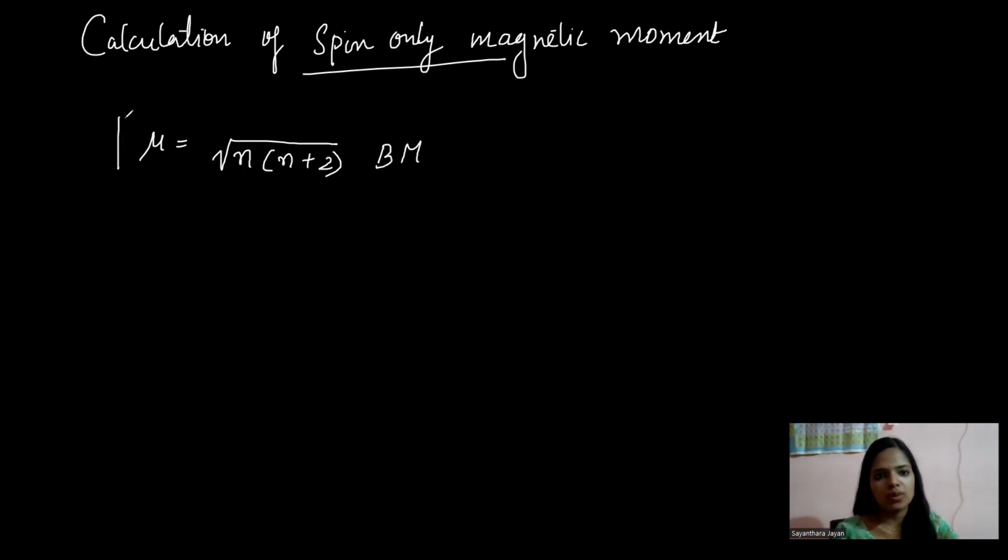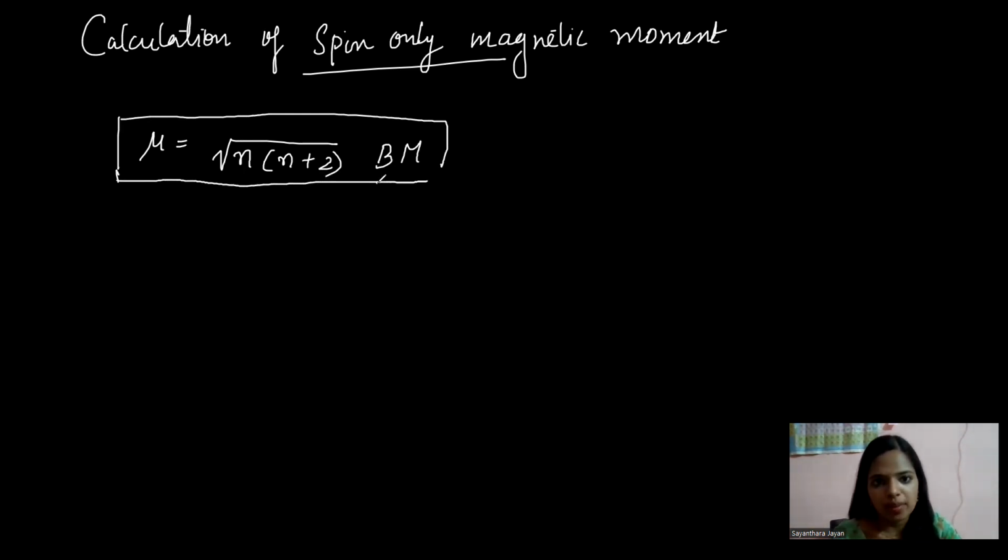So mu is equal to root of n(n+2) Bohr magneton. This is the spin-only magnetic moment, and here n means the number of unpaired electrons on that particular ion.